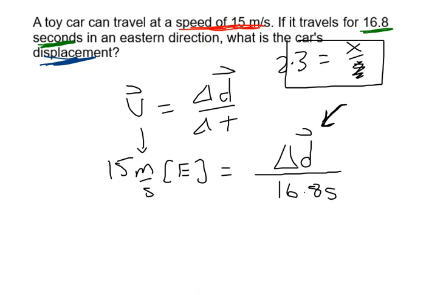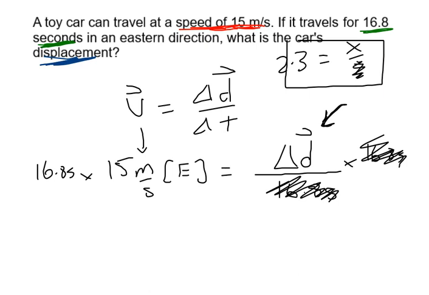If you understand your algebra concepts, I'm going to multiply both sides here by 16.8 seconds. And that should cancel this bit right here. If I lost you there, can you let me know another time? I want to explain some of the algebra rules, but I times both sides by 16.8.